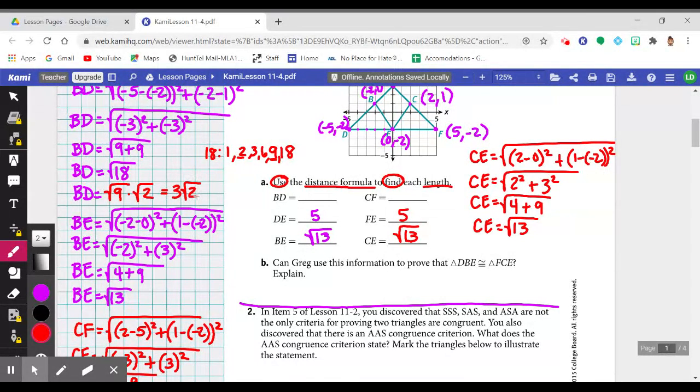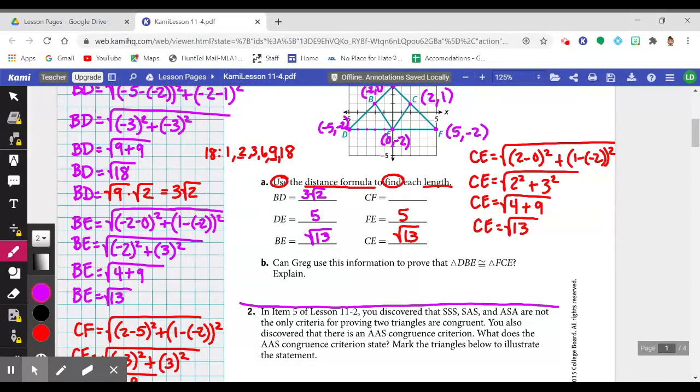So we will simplify the square root of 18, because it's a non-perfect square, we'll simplify it to 3 times the square root of 2. So the length from B to D is 3 times the square root of 2. Really, that's just a simplified version of the square root of 18.